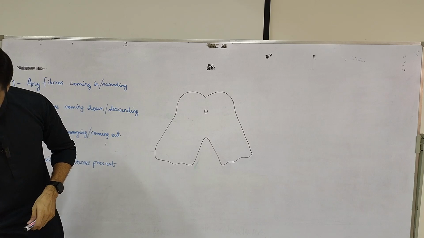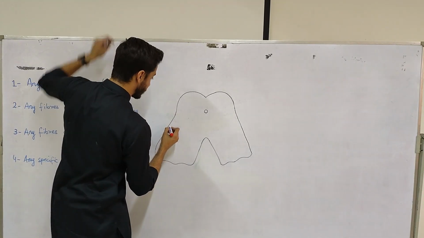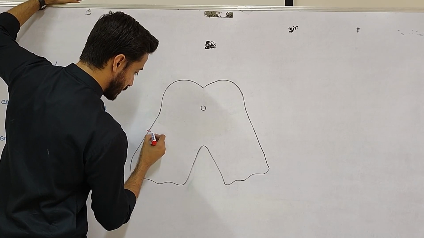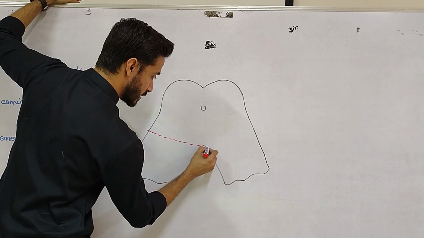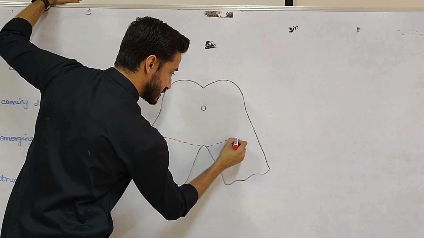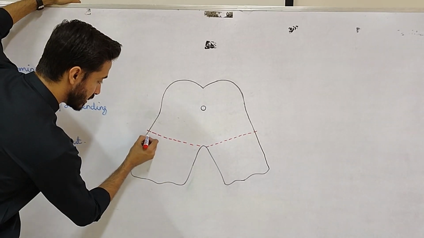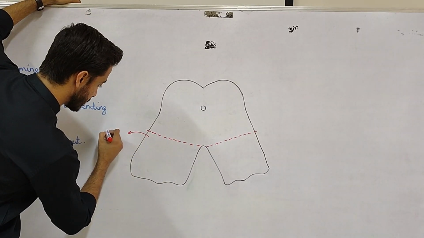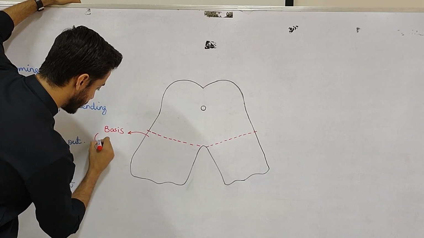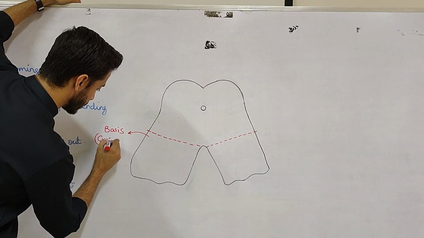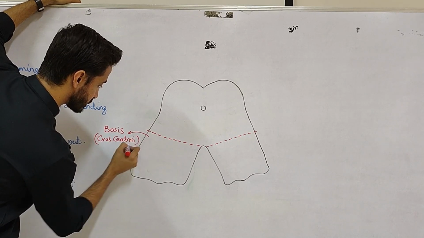We also discussed how the brainstem can be internally divided into three sections. The first section is going to be called what? If you've seen the previous videos, it's called the basis of the brainstem, or specifically in the case of the midbrain, it's also called the crus cerebri.